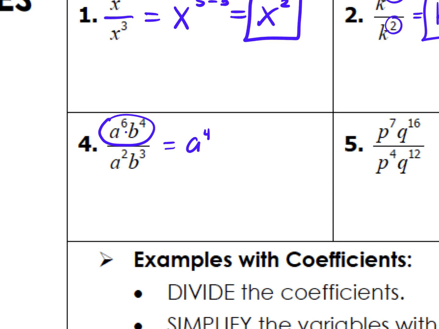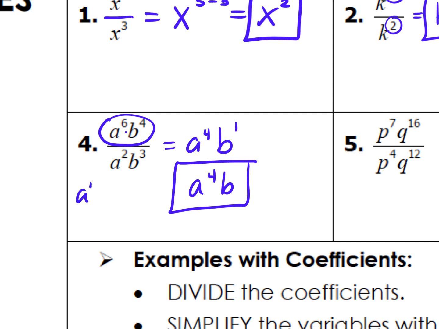Multiplication. So it's A to the 4th, B to the 1st. If something is to the 1st power, you can ditch the 1. I don't care if you leave the 1, but your best answer would just be this. Okay, A to the 4th times B.